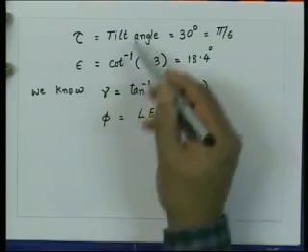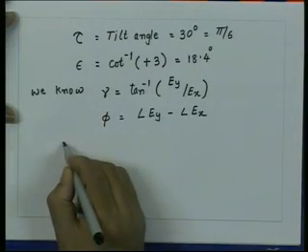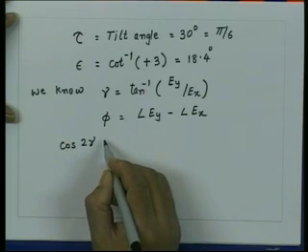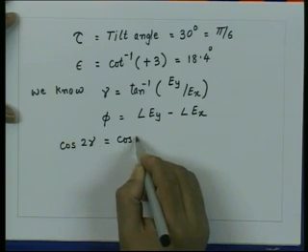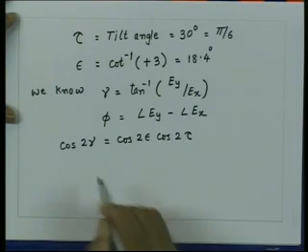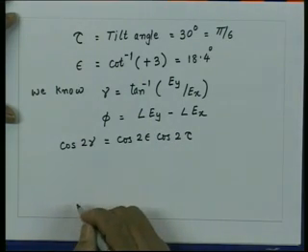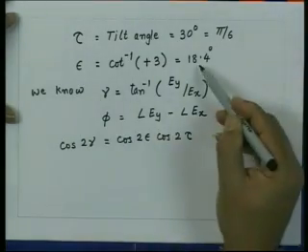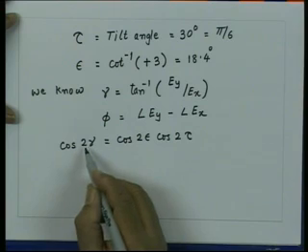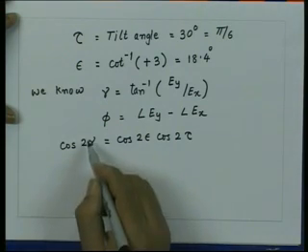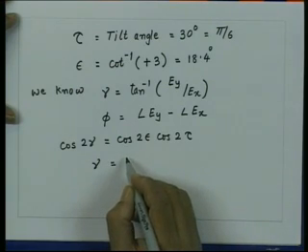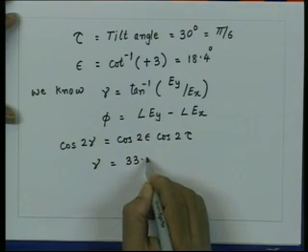Knowing the transformation relation between these parameters, we get cos of 2 gamma equal to cos of 2 epsilon cos of 2 tau. Substituting epsilon equal to 18.4 degrees and tau equal to 30 degrees, we get cos of 2 gamma, and from there we can solve for gamma, which is equal to 33.2 degrees.